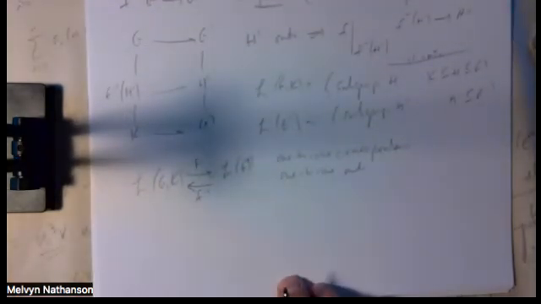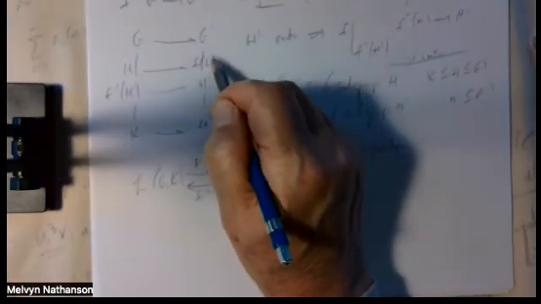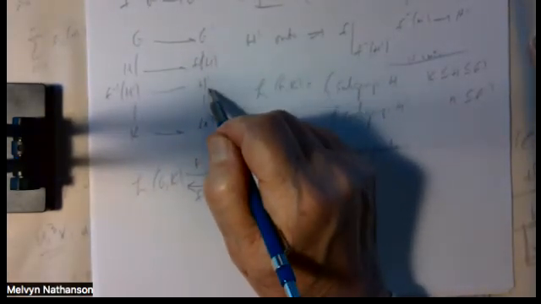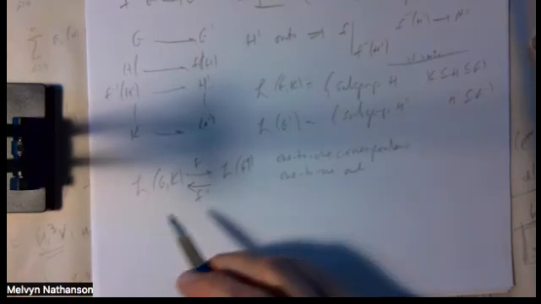So why is all that true? If I take a subgroup H, it goes to a subgroup F of H. If I take a subgroup H prime, it's pulled back to a subgroup F inverse of H prime. And I claim this is a one-to-one correspondence. Why is that? So let's see.